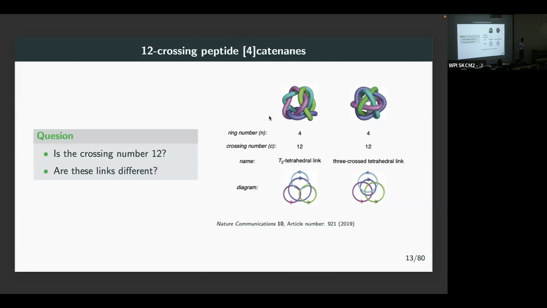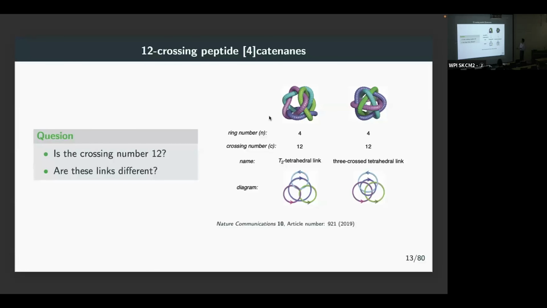When you consider the topology of a molecule, it may look different, but maybe you can just move this one into this one. So if you would like to say that those topologies are different, you need some proof to show that those two topologies are different.